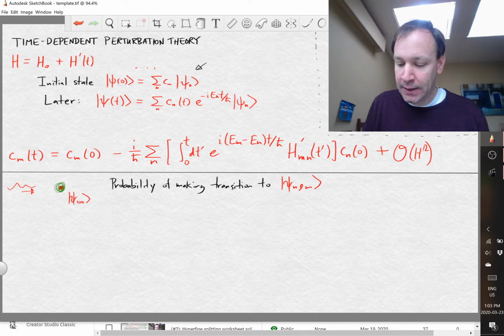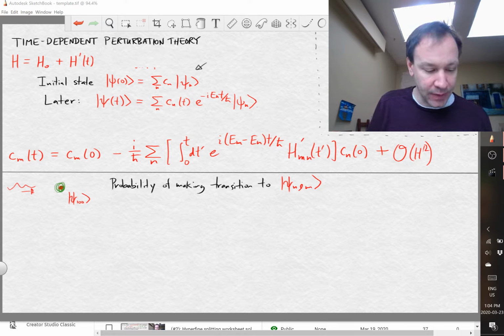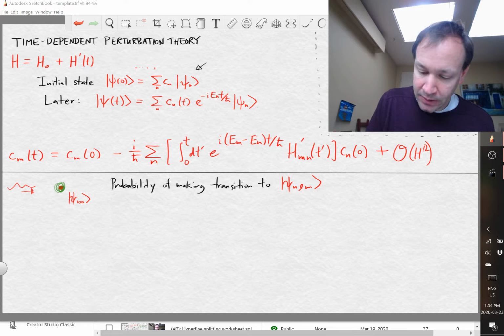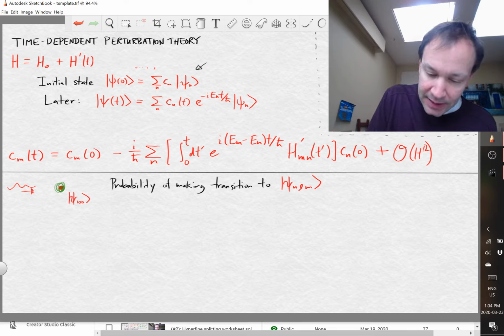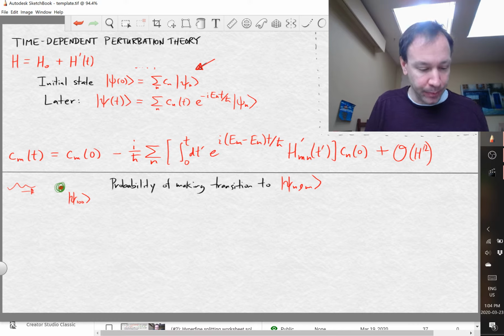And so let's just do a slightly more general problem here. So we will say that in our setup here, suppose that we just have one of those c's not 0 initially.